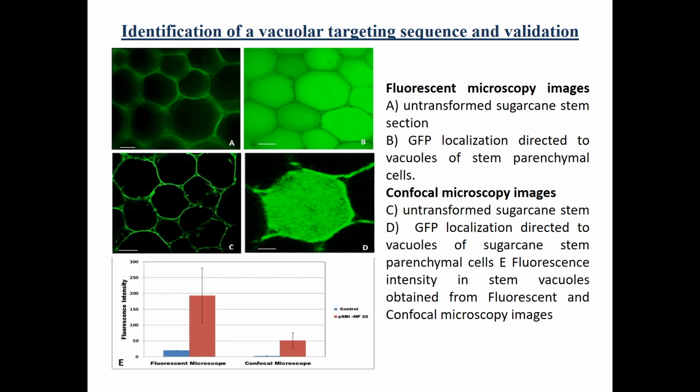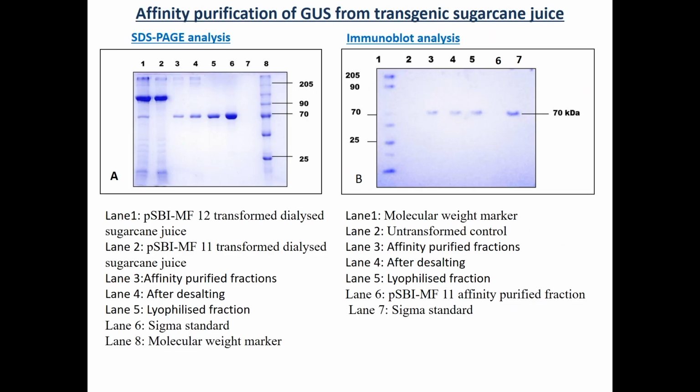This was identified based on GenBank sequences, and then we prepared different plant expression constructs. We fused that targeting sequence with the protein, and then transformed this construct into sugarcane, and then we characterized its expression in the vacuole through GFP localization and cell staining procedures.